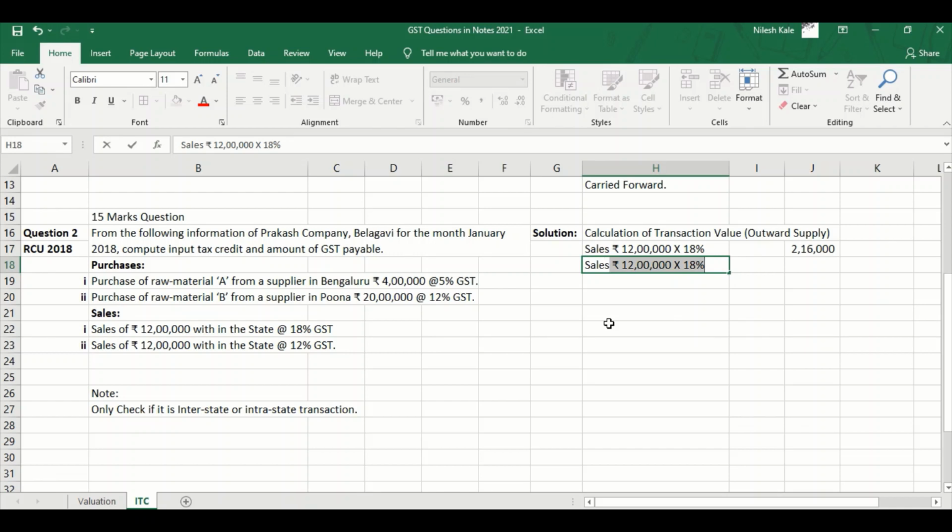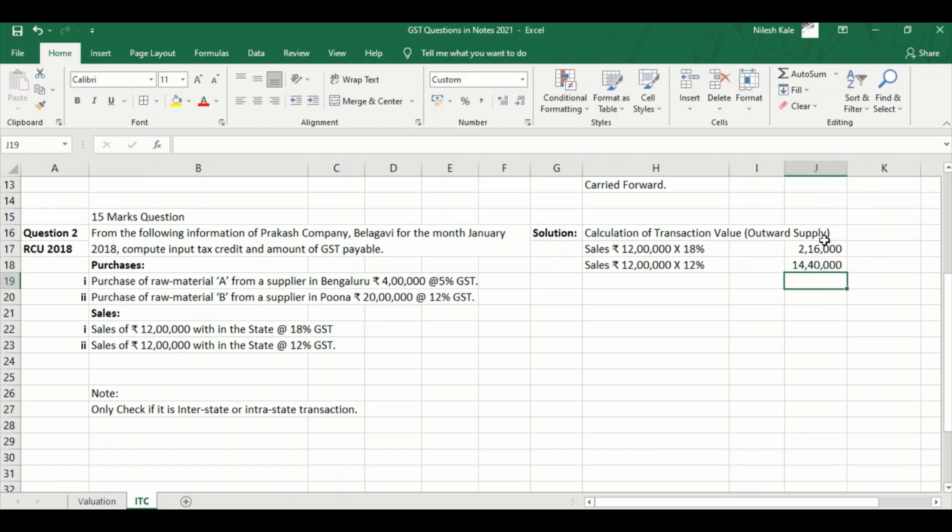Similarly, sales rupees 12 lakh for 12%. 12 lakh into 12 divided by 100. 1,44,000.